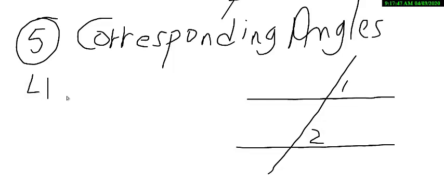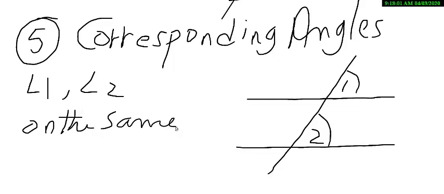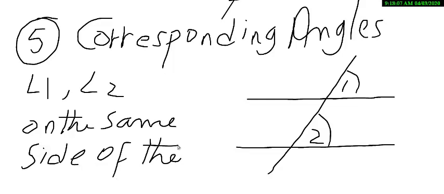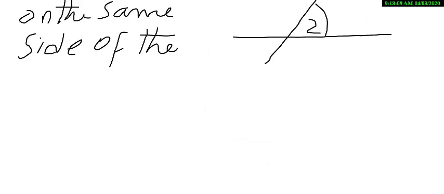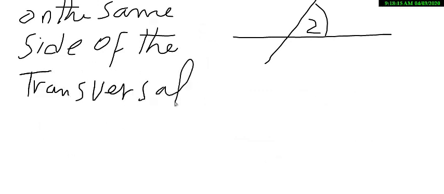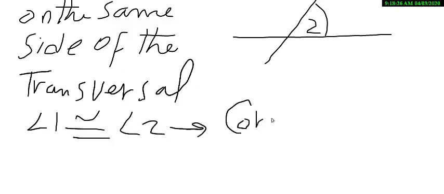Angle 1 and angle 2 are corresponding angles, on the same side of the transversal in corresponding positions, and angle 1 is always congruent to angle 2 because they are corresponding.